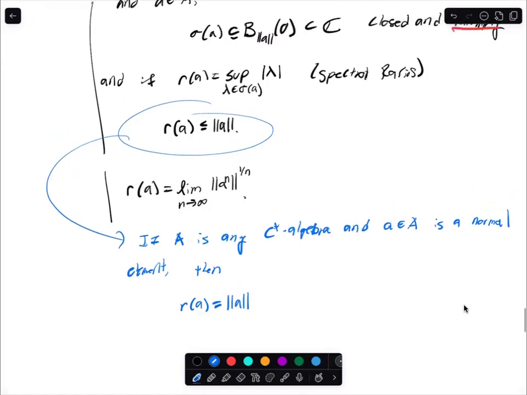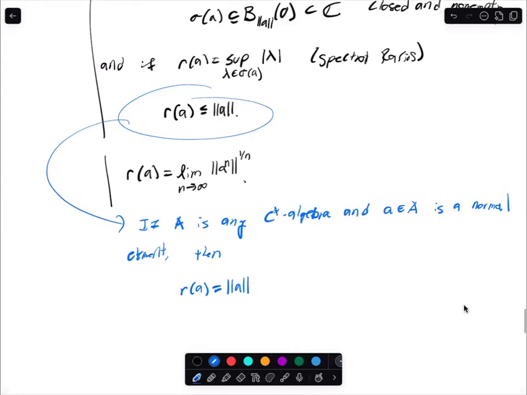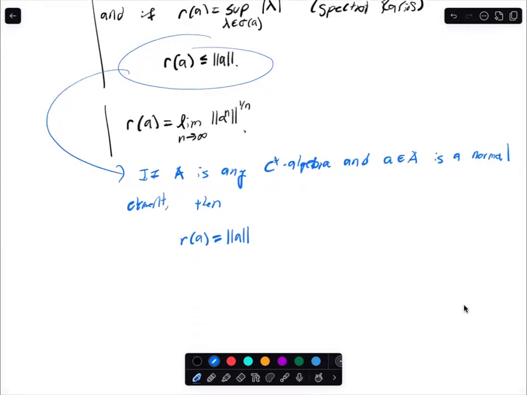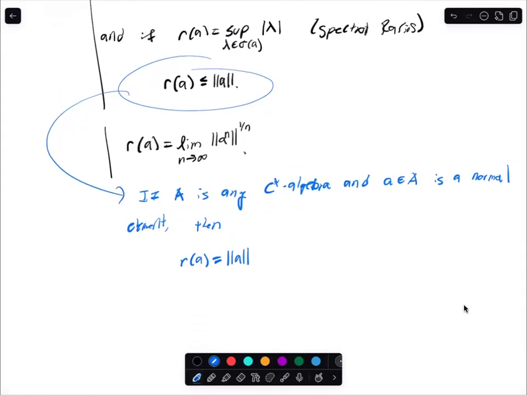The spectral radius is saying something about the algebraic features, about invertibility. And meanwhile, the norm is saying something about the analytic structure. So this builds a strong tie between these two features, at least for normal elements.